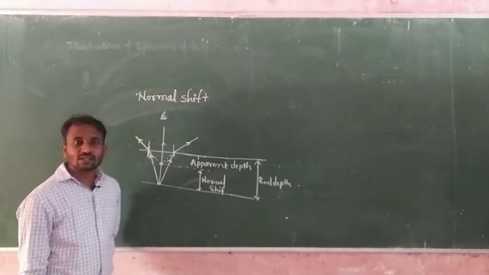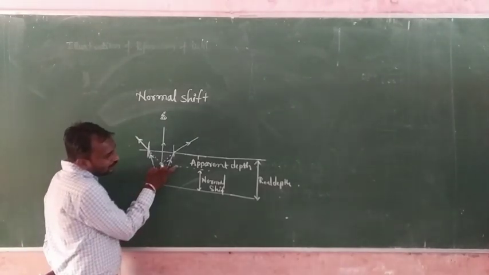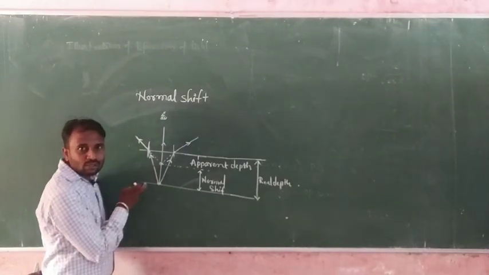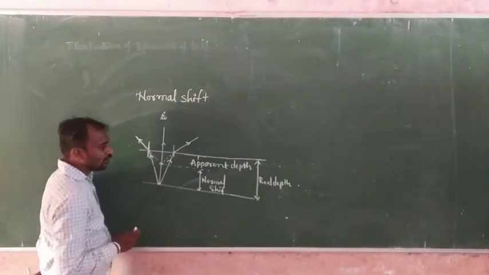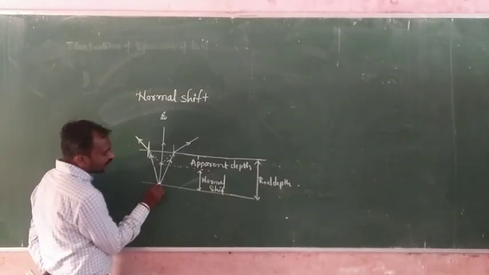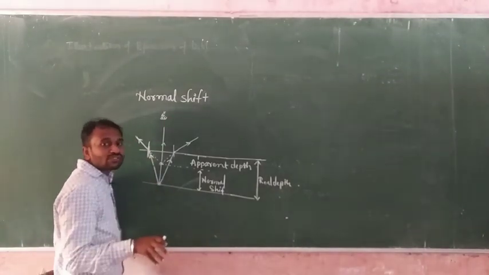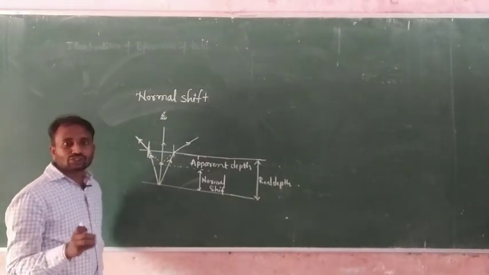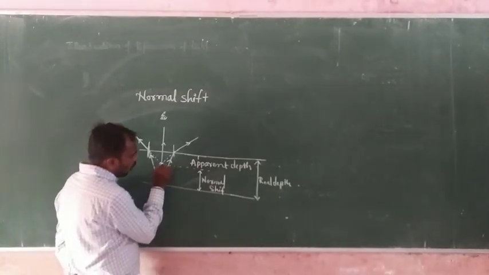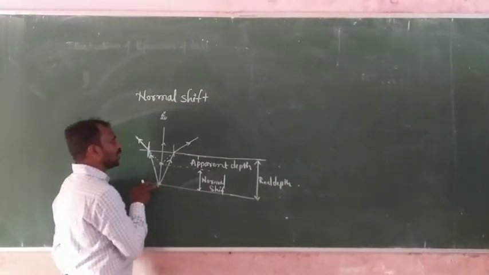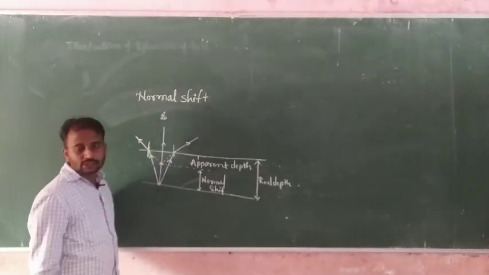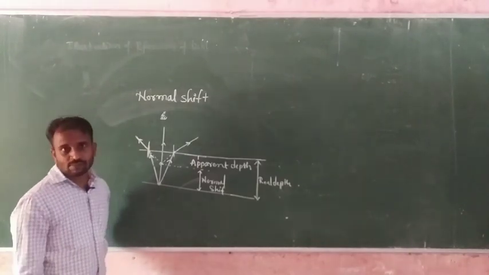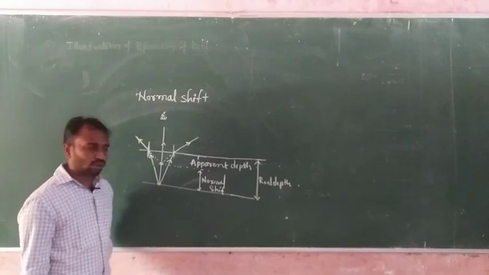Normal shift means the apparent position of an object when it is placed in one medium and viewed normally from another medium. So this shift we consider a normal shift.